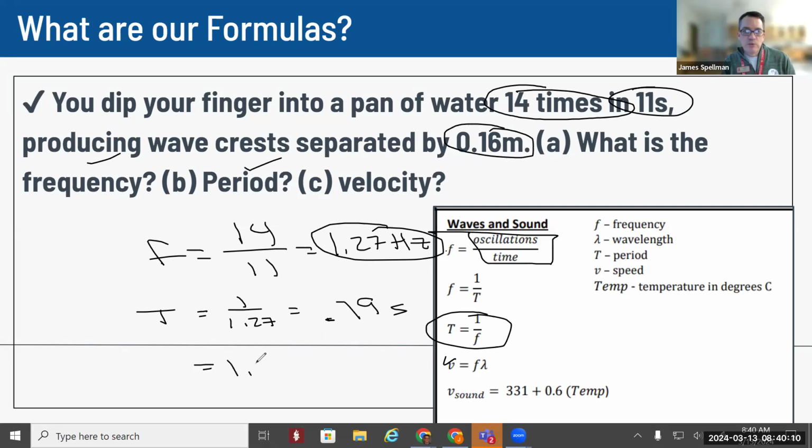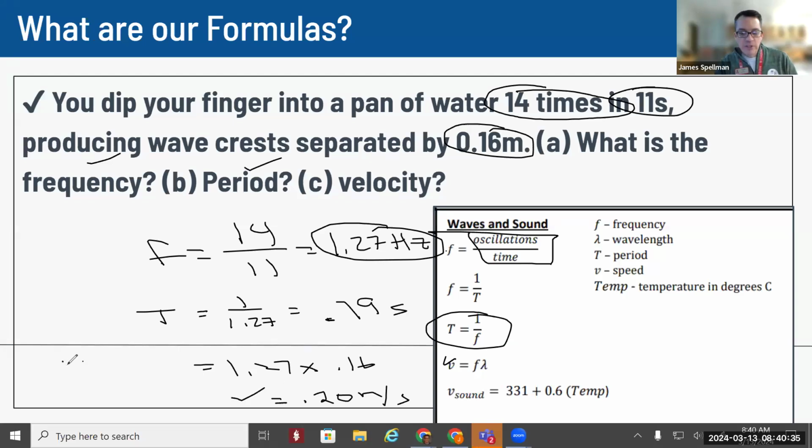So again, 1.27 times 0.16. That's going to give us our velocity. 1.27 times 0.16 is 0.203. I'll just leave it at 0.20. And then again, velocity should be in meters per second. And we're done.